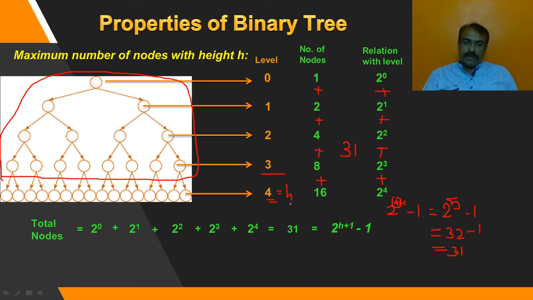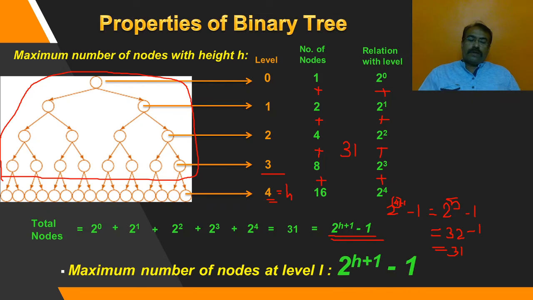If I take h equal to 5, the total number of nodes will be 63. So we can formalize it as: the maximum number of nodes of a tree with height h is 2 raised to power h plus 1, minus 1.